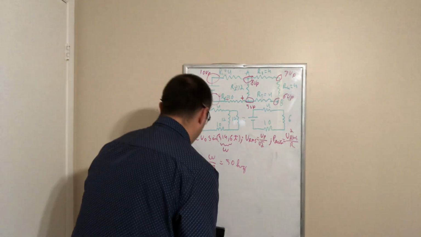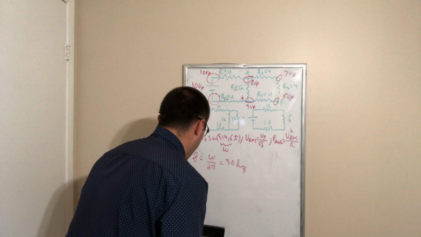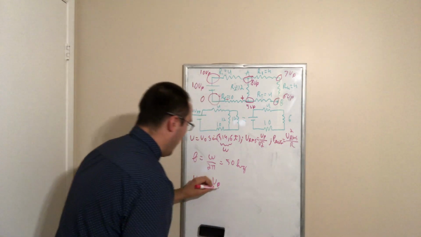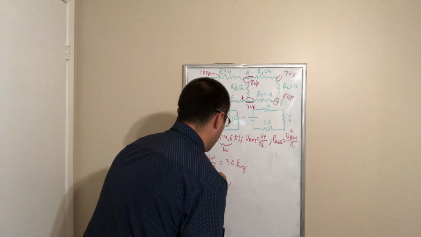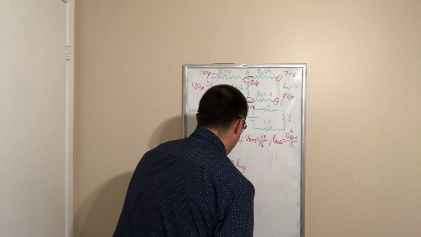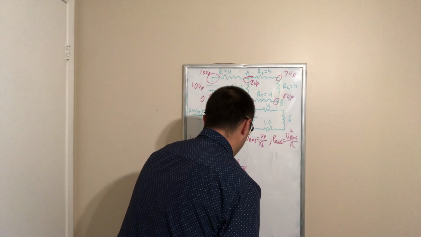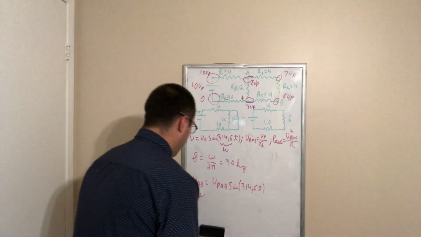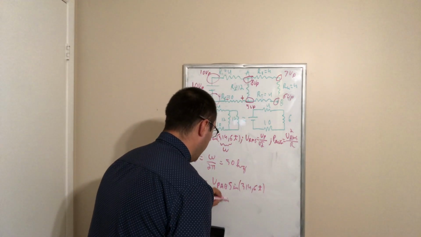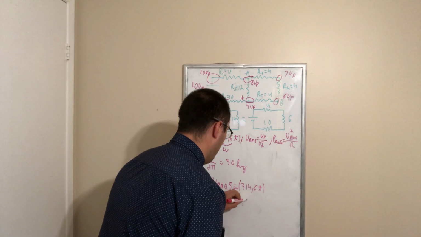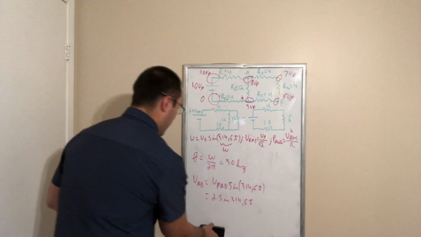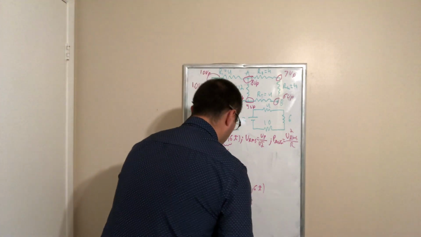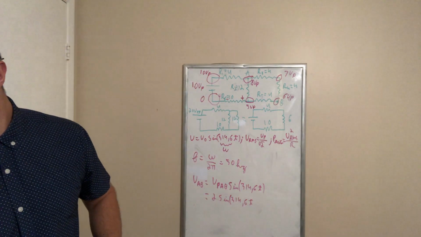So the voltage between A and B is equal to the peak voltage, and I'm going to write VP AB, sine of 314.6 multiplied by the time. And for part B, we're looking at time 2.1 seconds.